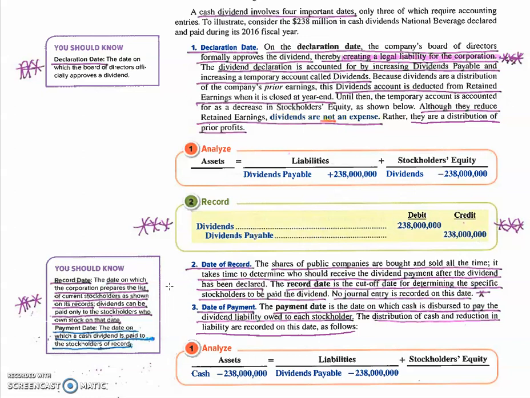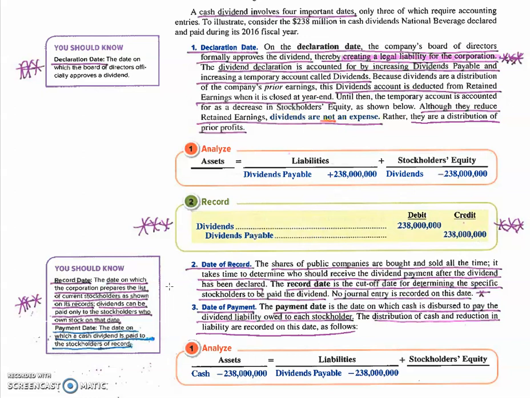So, generally speaking, the market is going to say, well, receiving $1 in a month is worth, let's say, 98 cents today. So the stock will usually drop in price by about the present value of $1 in a month on the ex-dividend date.